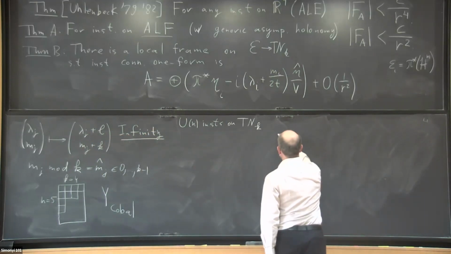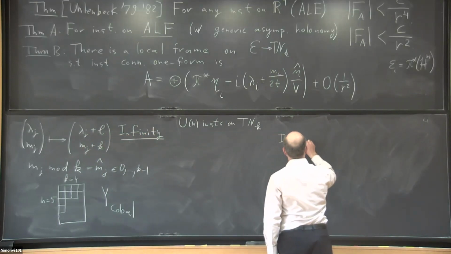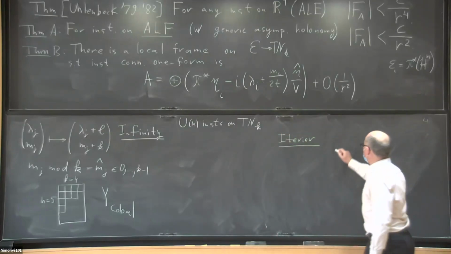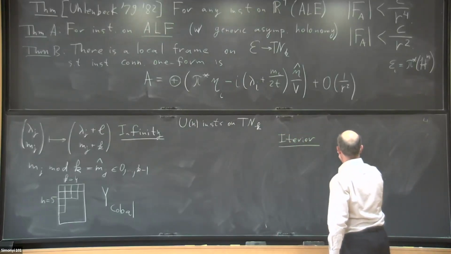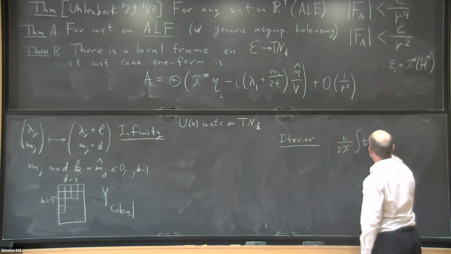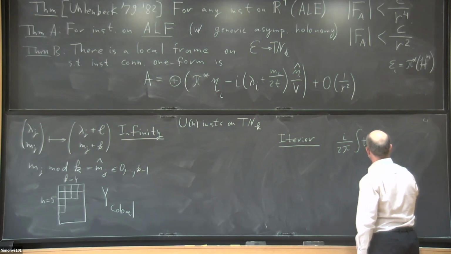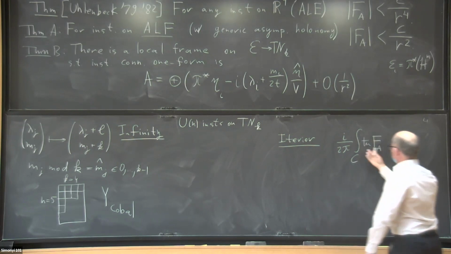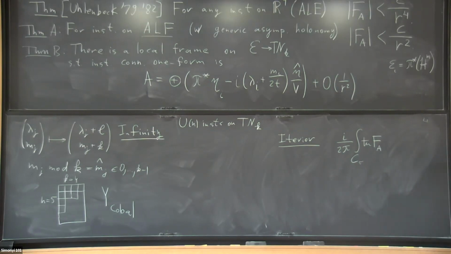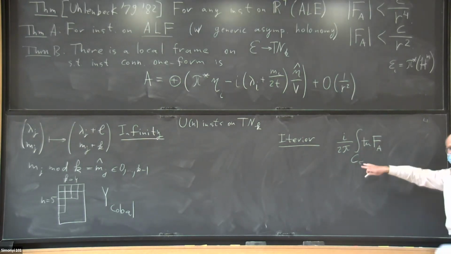We also have the interior. What keeps track of the interior? Well, there are analogs of Chern classes: you can take trace F and integrate it over each cigar. Except now our manifold is non-compact, so this doesn't have to be an integer.